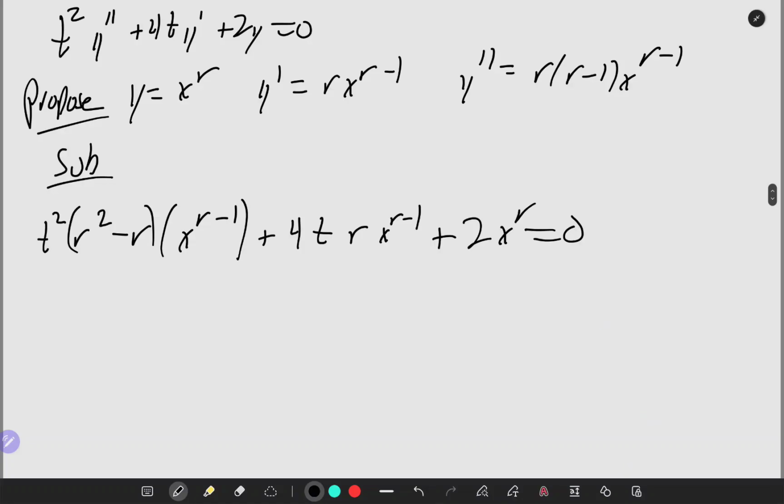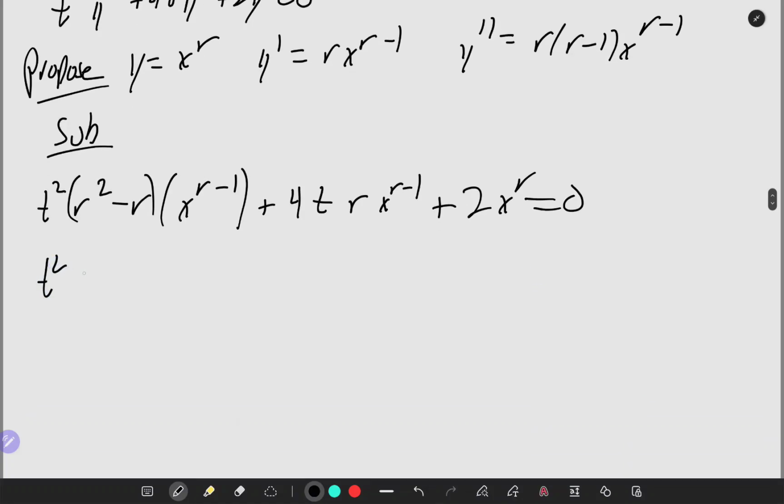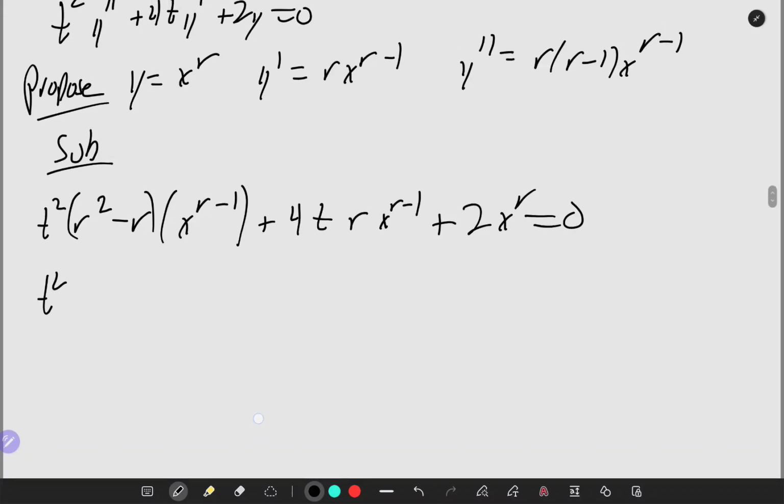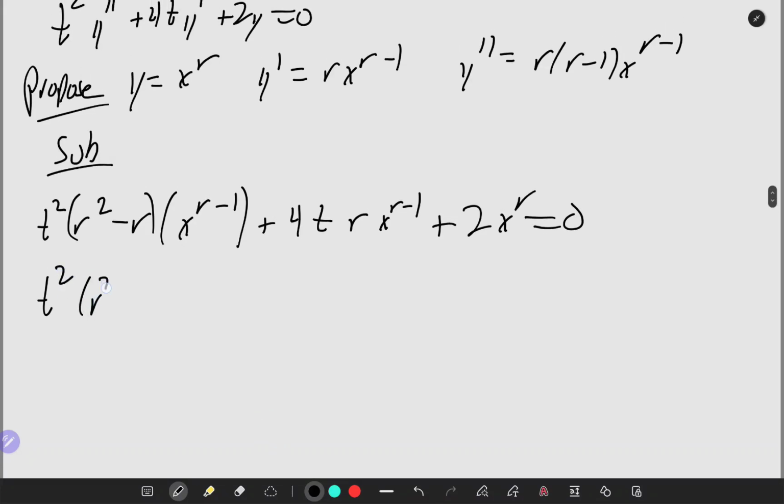We want to cancel out these x to the r's.